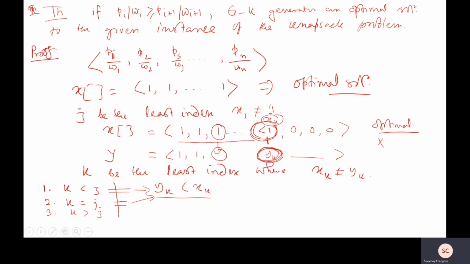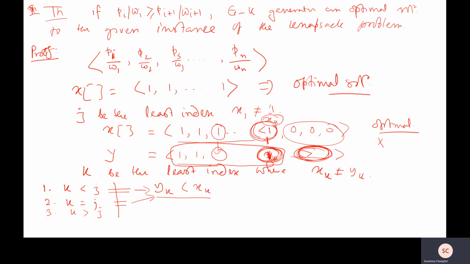Now if k is greater than j, that means it differs in this part. So up to this all values are equal. Now is it possible that we will select greater than 0? Up to this we have selected all the values, and therefore the capacity of the knapsack is fulfilled. How is it possible to select some other values which are greater than 0?